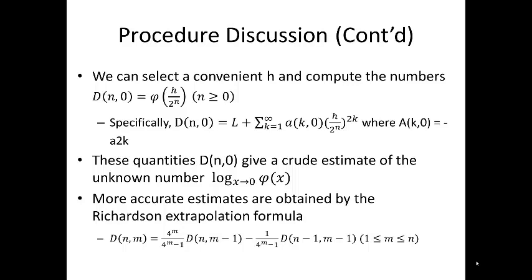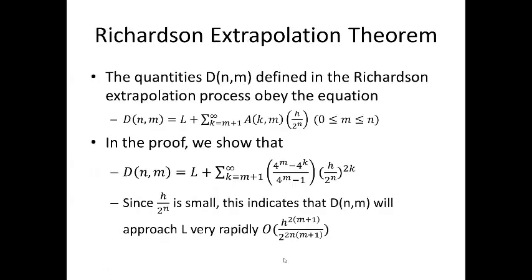are obtained by the Richardson Extrapolation formula given in the bottom of this slide, and that's kind of a messy formula. But this leads us to the Richardson Extrapolation theorem. And those quantities D(n,m) are defined in the Richardson Extrapolation process, and they obey the equation D(n,m) is equal to L plus the summation of the terms a_{km} times h divided by 2^n.